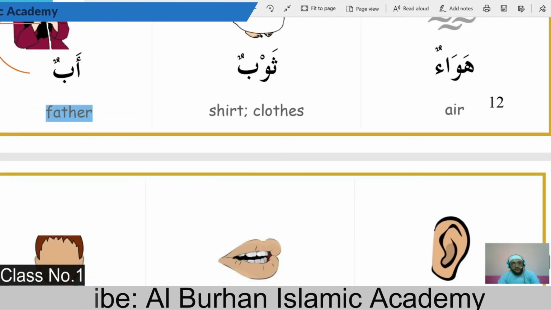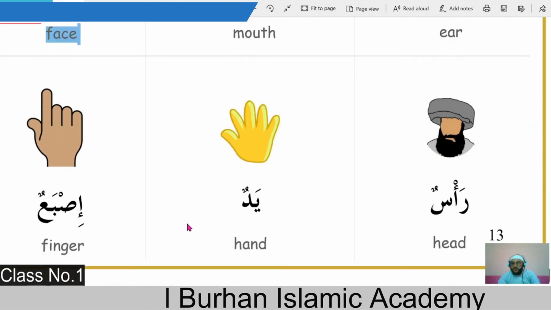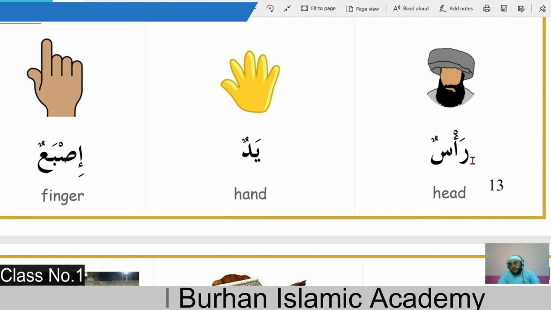Okay. أذن. أذن used for ear. فم. فم used for mouth. وجه. وجه used for face. Okay.